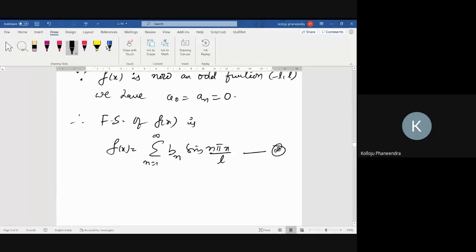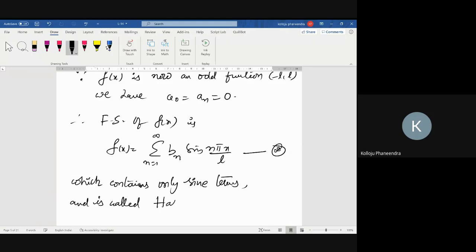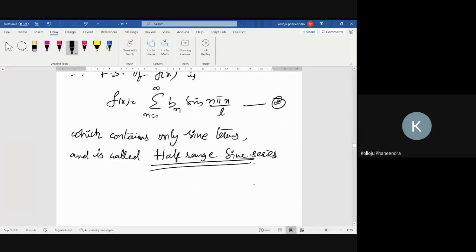which contains only sine terms, and is called the half range sine series. Where, what is the bn formula?